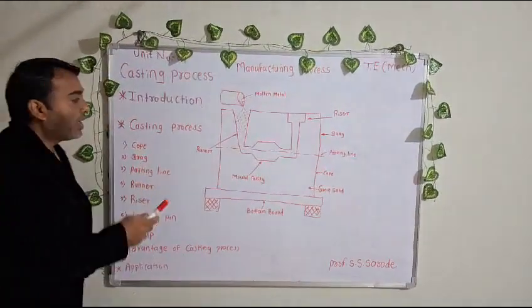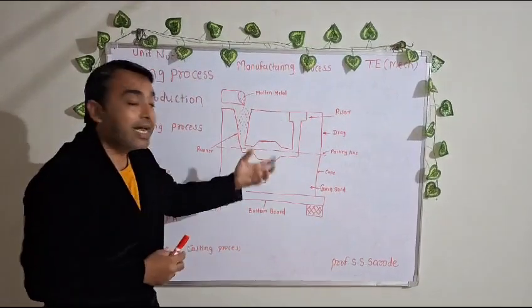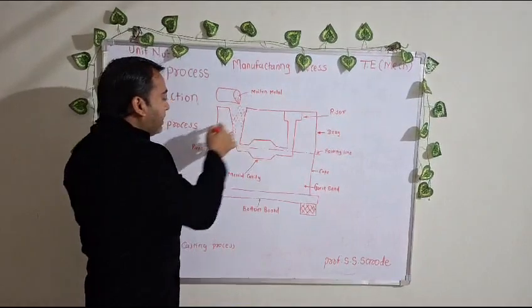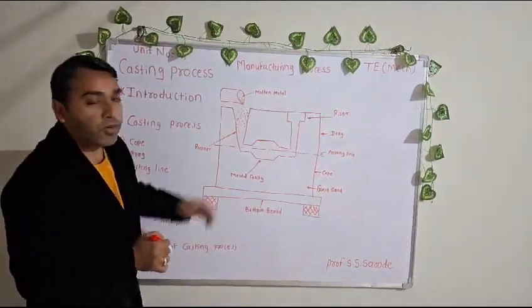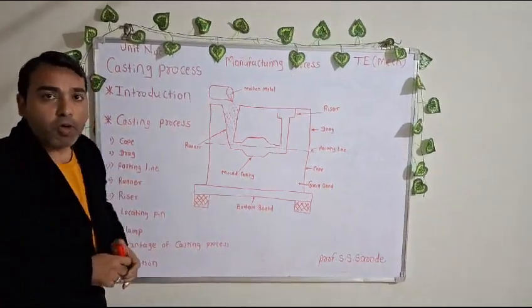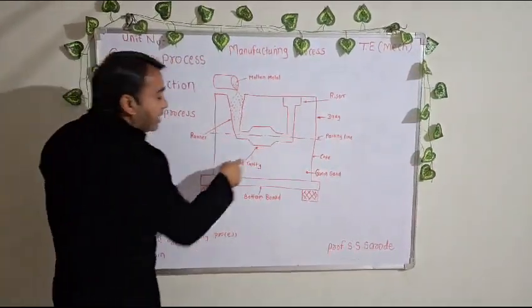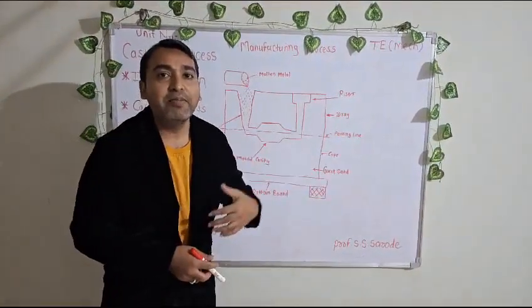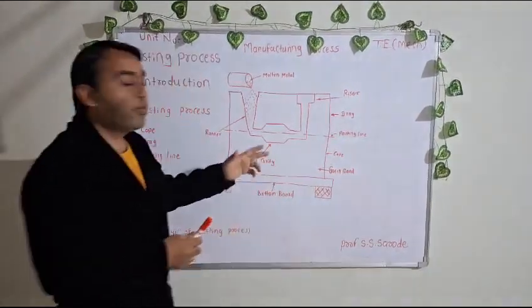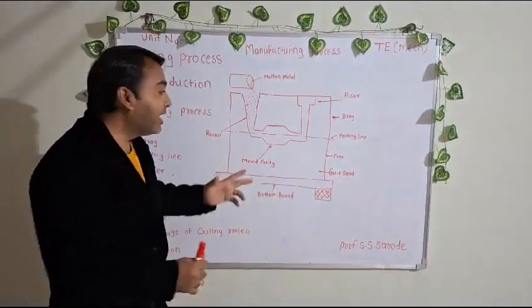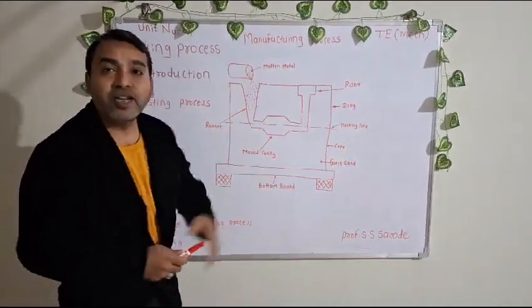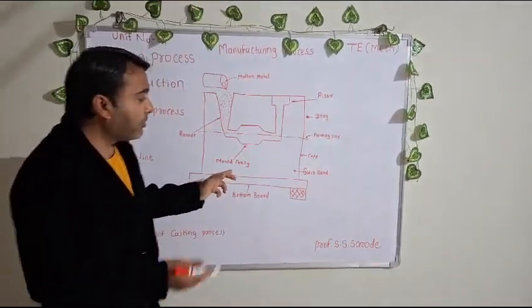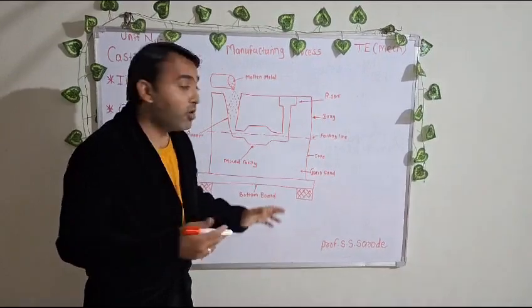Now cope and drag: the upper portion is called the cope and the lower portion is called the drag. The runner is used to pour the molten metal through the input port. Then there is the mold cavity. Mold cavity is the drawing design provided by the customer, so we make that mold cavity and pour the molten metal into it. I will explain in detail in the next step, but before starting we just introduce all the points.